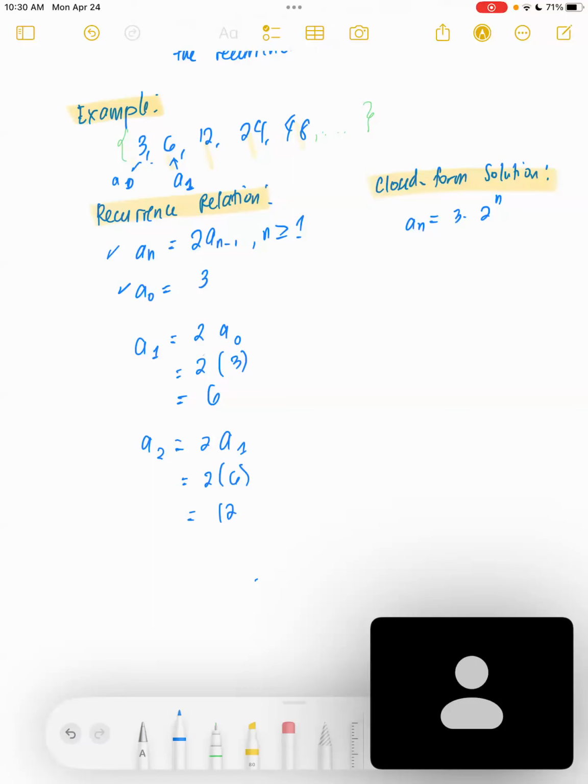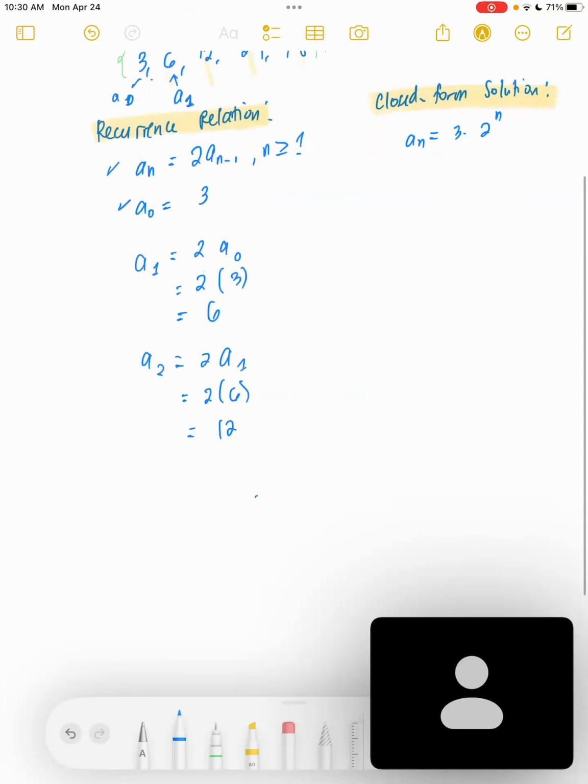Okay, so now our problem here is, let's say we wanted to solve for a sub 500. That means that we have to compute a sub 499, a sub 398, and so on and so forth until a sub 0.